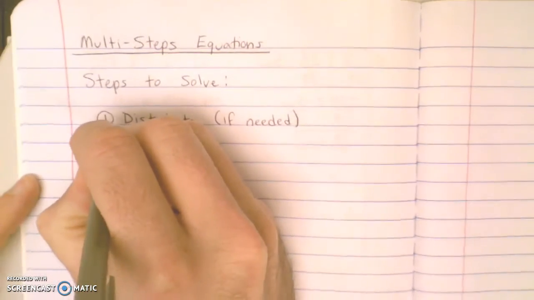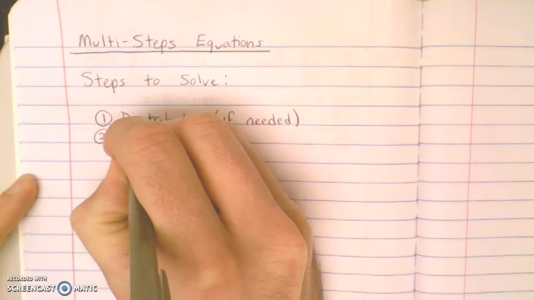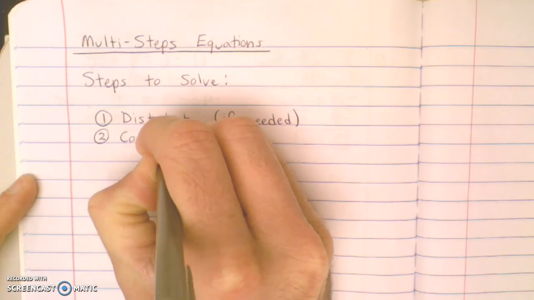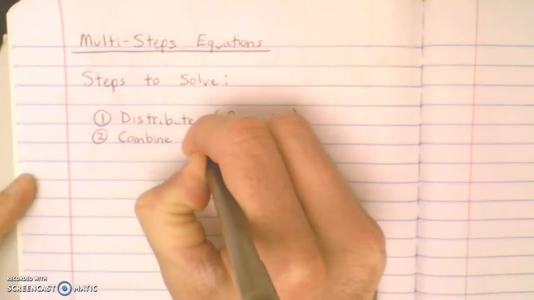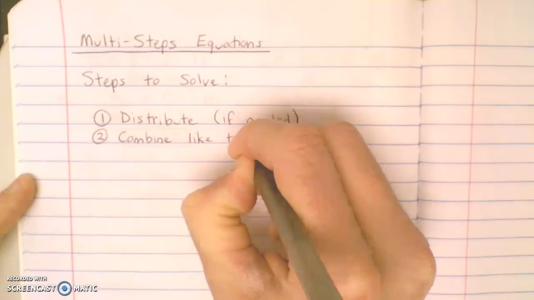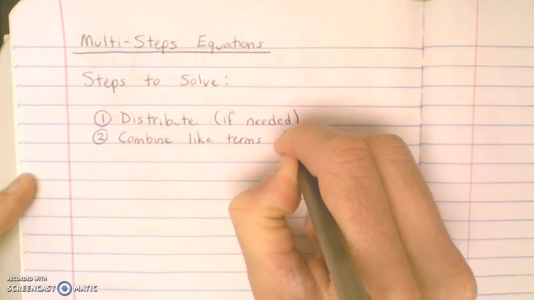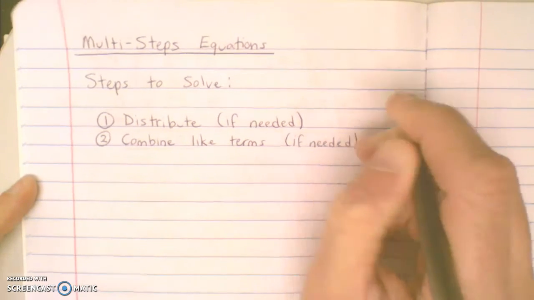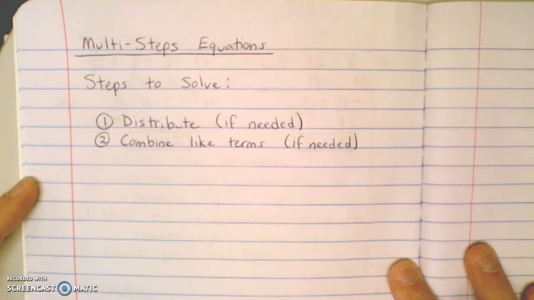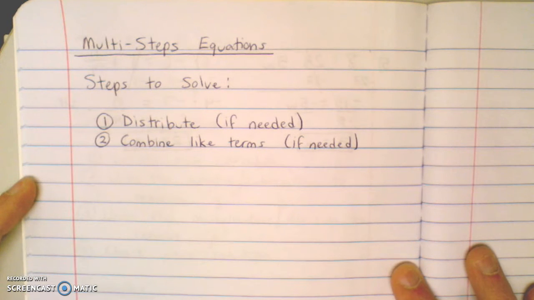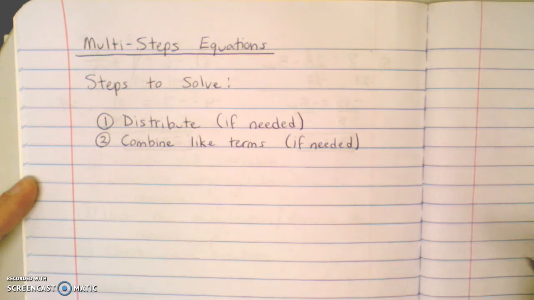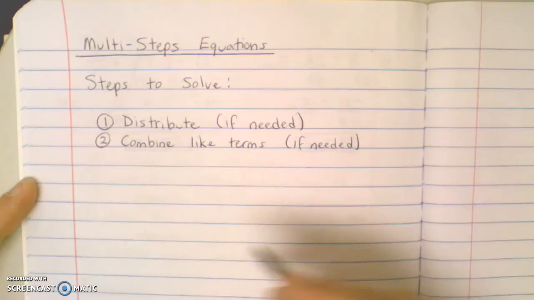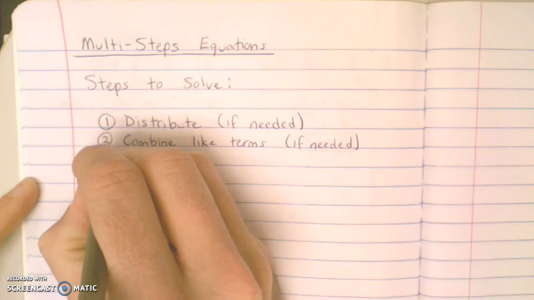After checking for distribution, then you should be combining like terms if it's needed. Once you've completed these two steps, then you solve like you normally would solve.